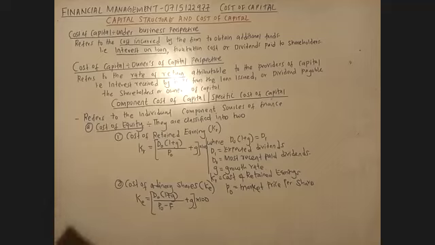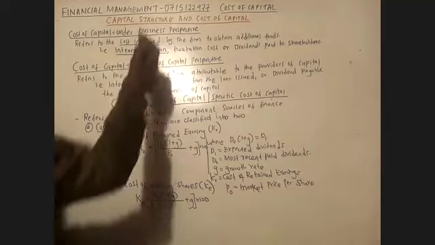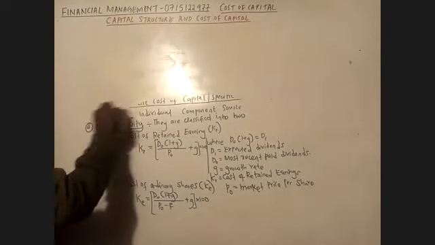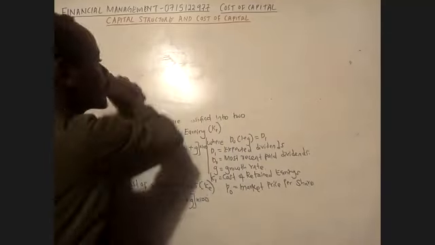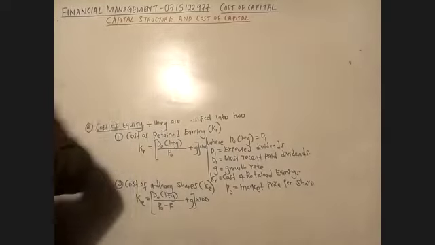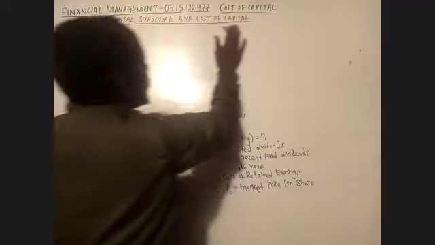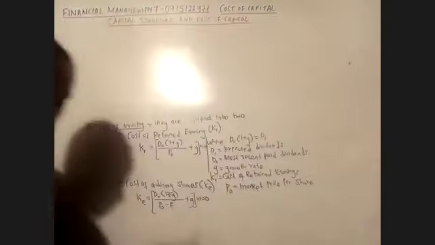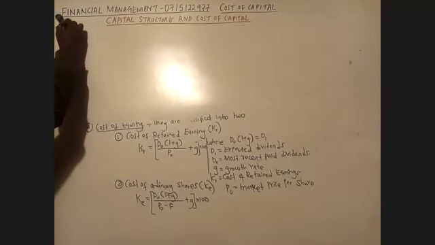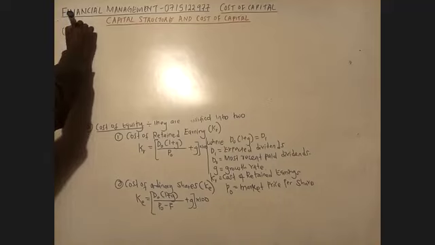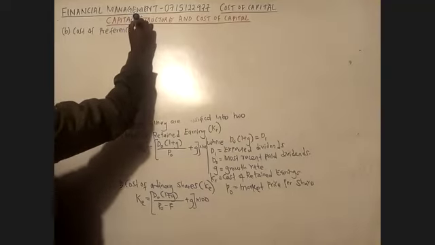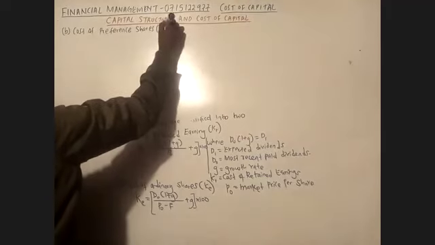Number B is the cost of preference shares, given by KP.